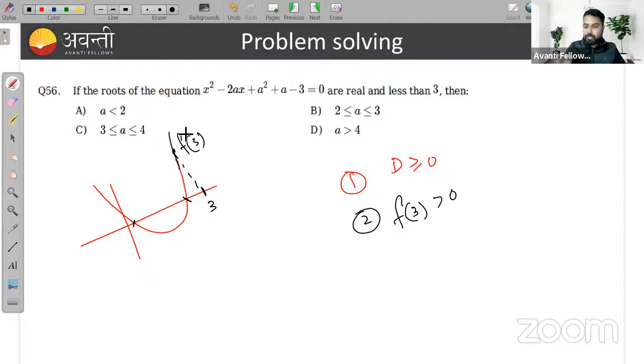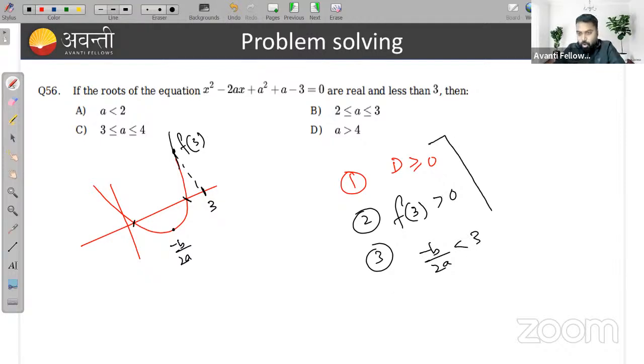And another thing is the vertex: x coordinate of the vertex, minus b by 2a, is less than 3. So you can solve these three inequalities and you will get the answer. This is a location of roots question.